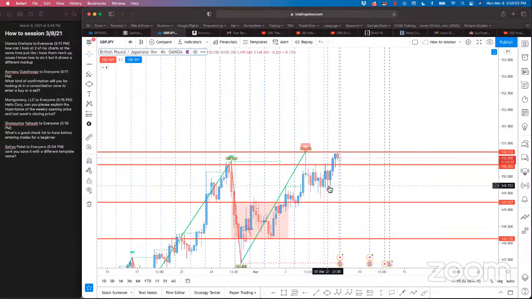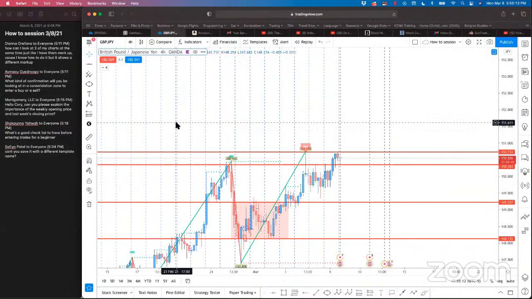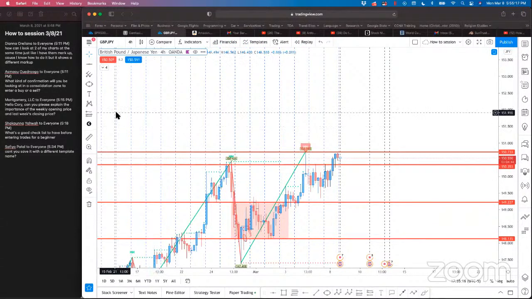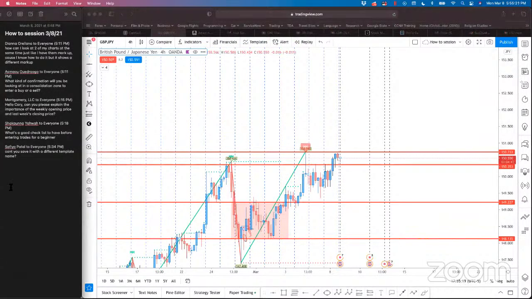Okay. And then entering the trades, we kind of went over that already. But if I'm taking a trade, I want to see it react to a higher time frame level.